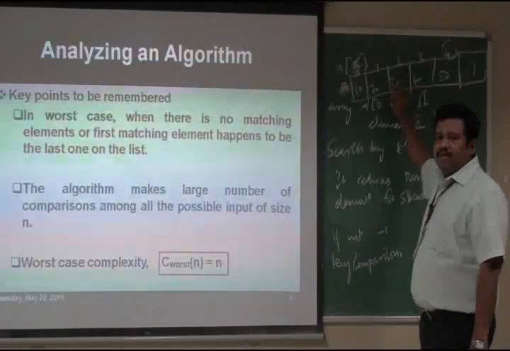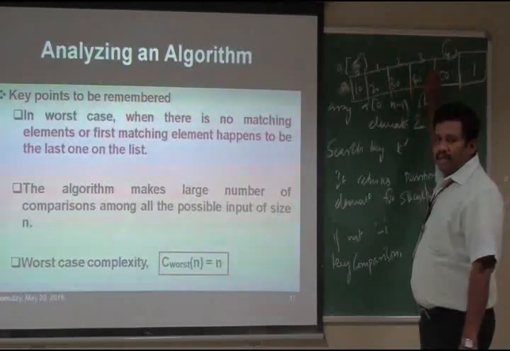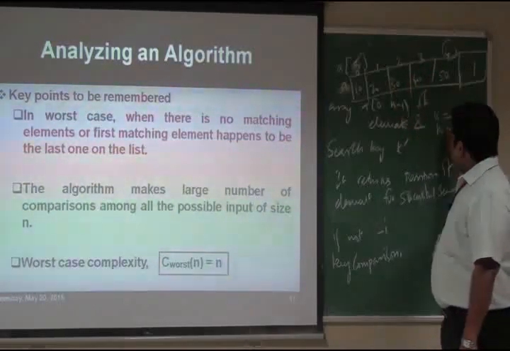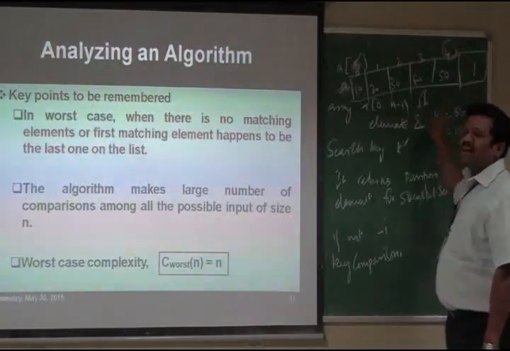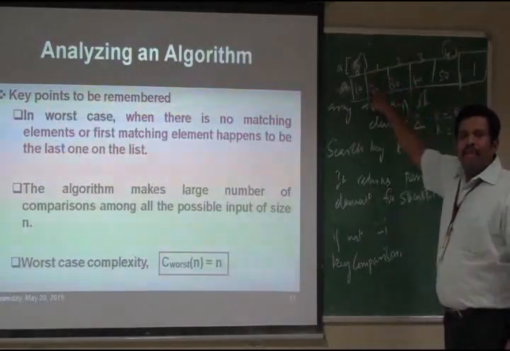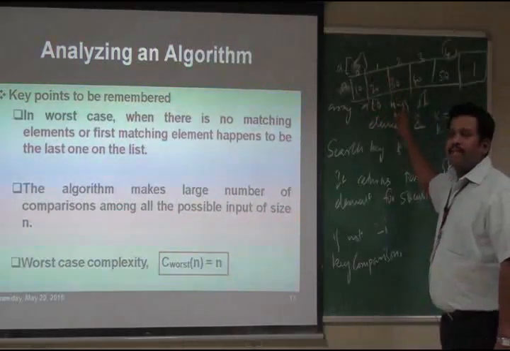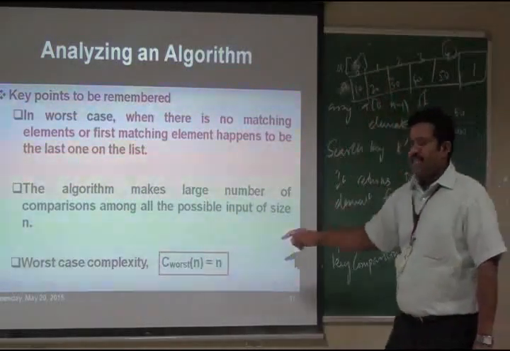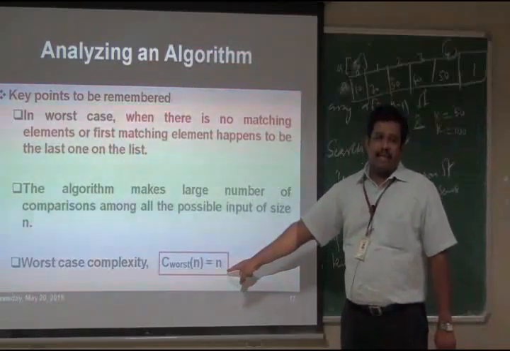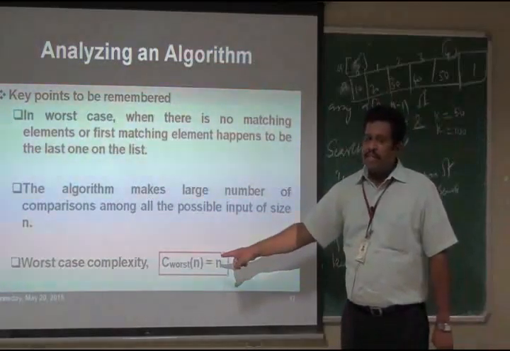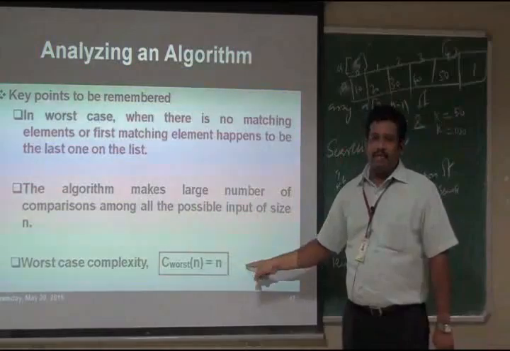Suppose you want to search for the data element 100, which is not available in the array. Even if the data item is not available, the algorithm takes n executions. So this is the worst case complexity: the algorithm executes n times.